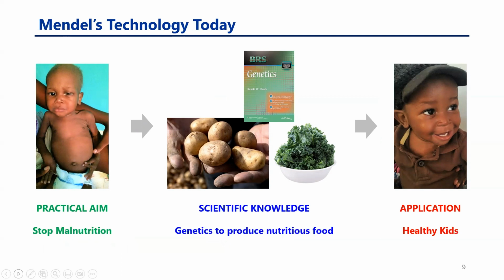Our scientific knowledge consists of using Mendel's genetics to produce nutritious food. And the application is that we have healthy kids when they eat that nutritious food. And by the way, that's the same little boy before and after in these pictures.